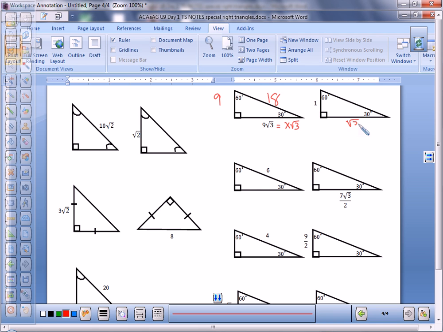Okay, next one. Which side did I give you? The hypotenuse. If I do not give you the short leg, that is always the first thing you find. So if the hypotenuse is 6, what is the short leg? 3. What would the long leg be? 3 root 3.